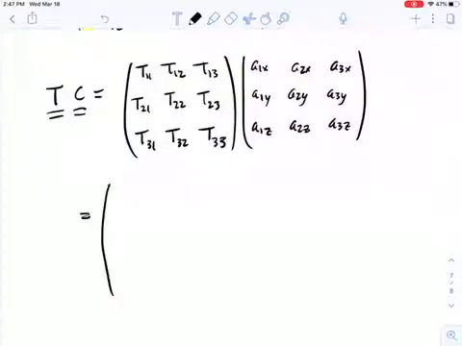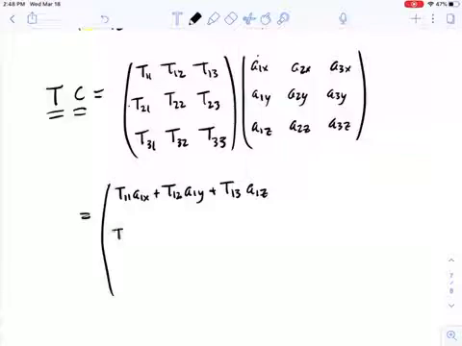Now this is a big mess. So this is going to be what? T11 A1x plus T12 A1y plus T13 A1z. All right, let me do now the second row times the first column.